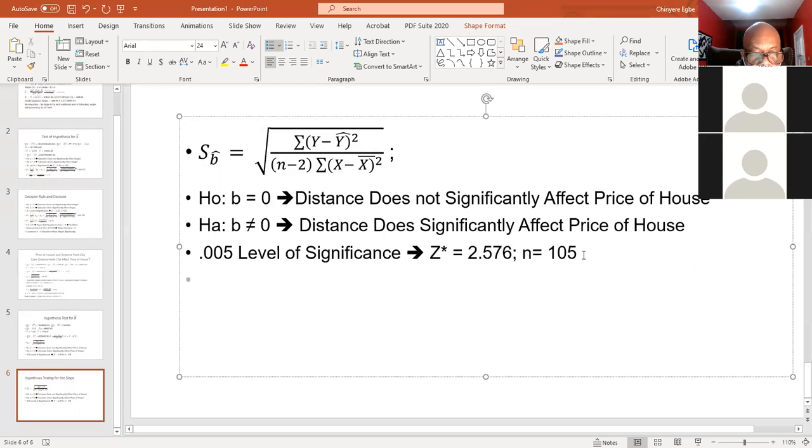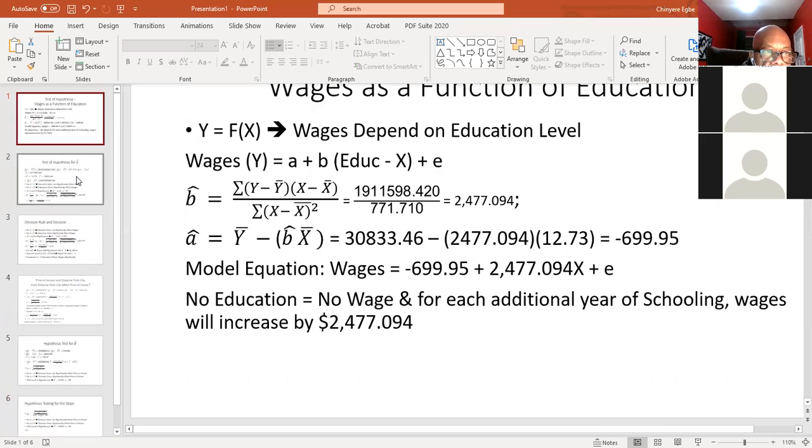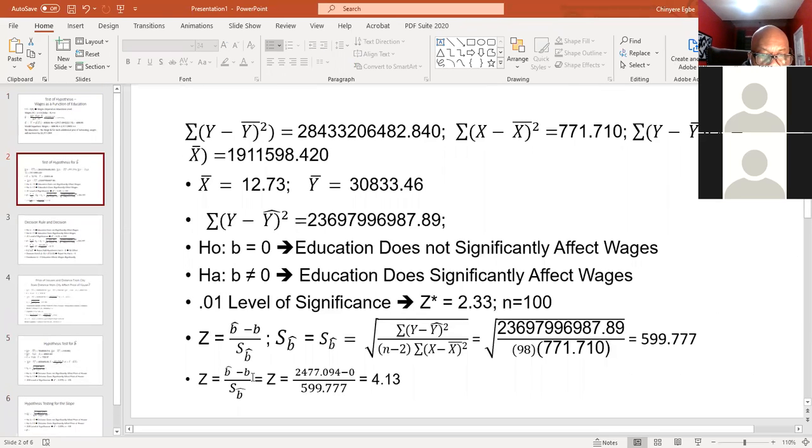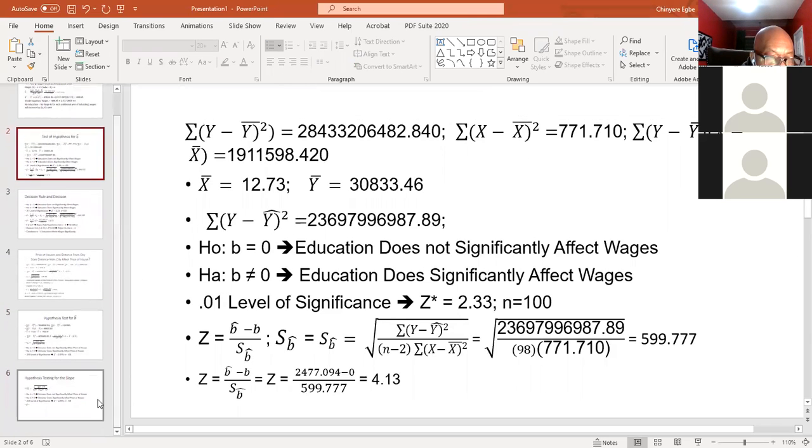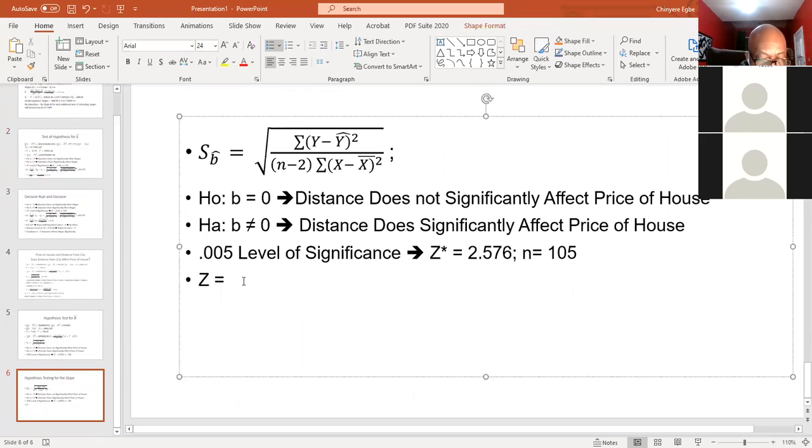And so Z is equal to what? How do we calculate Z for B hat? Z is equal to B hat minus B divided by the standard error of B hat. The standard error of B hat is given by this formula.